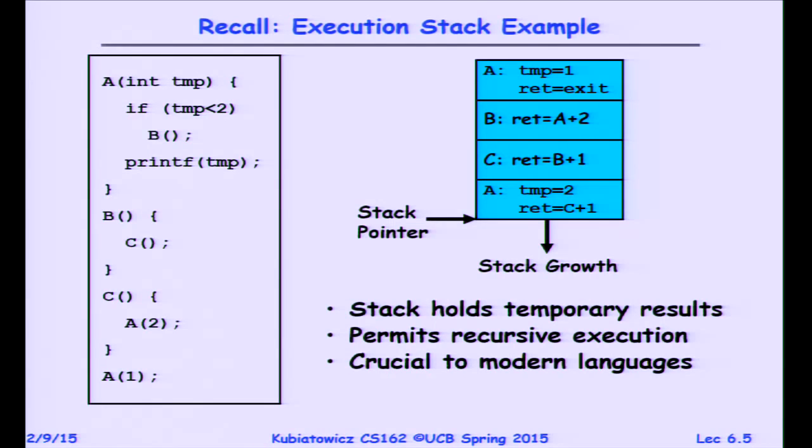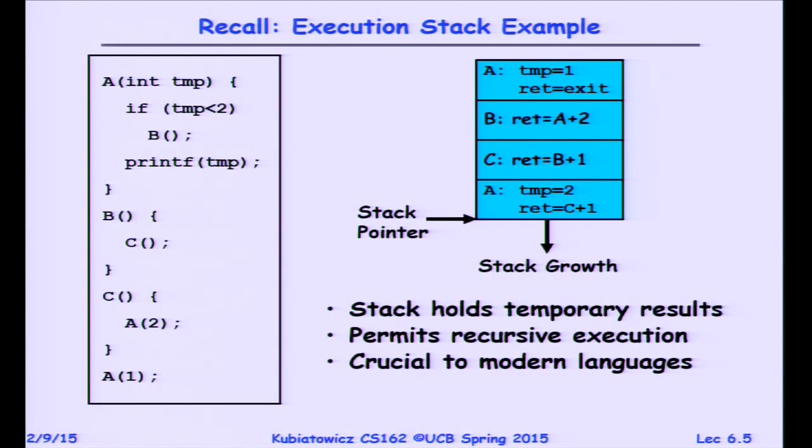What happens in most calling sequences you're going to encounter is that this first parameter of 1 actually gets pushed onto the stack, because the TMP variable gets pushed on the stack, and the return address, which in this case is exit the procedure, because there's nothing after A of 1, gets pushed on the stack, and then A gets called. That's the sequence here.